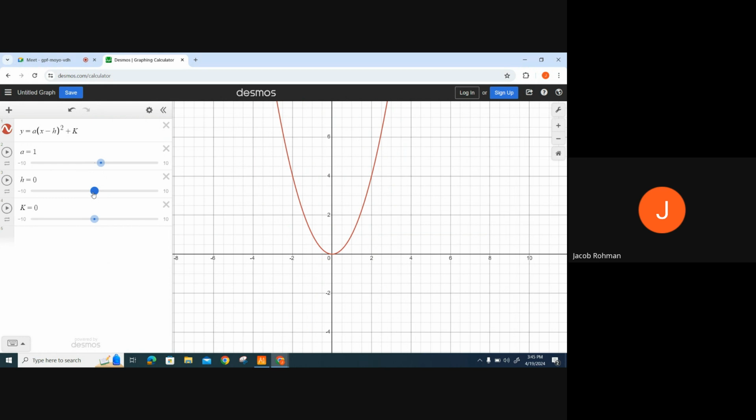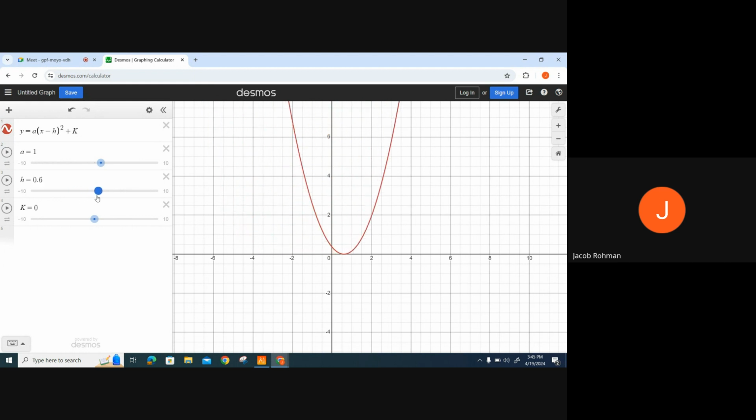But if I shift h as positive, that whole graph shifts to the right. So when h is greater than 0, this whole graph shifts to the right. When h is less than 0, the whole graph shifts to the left.